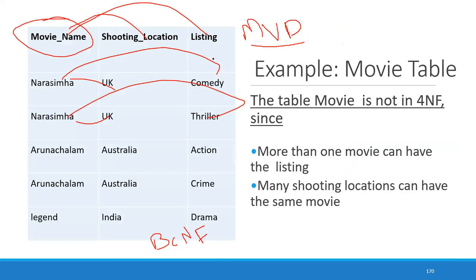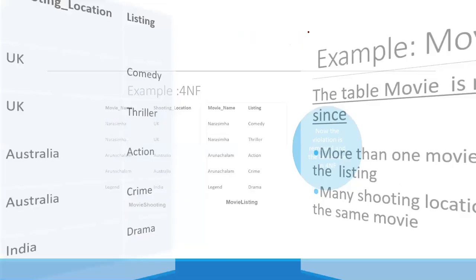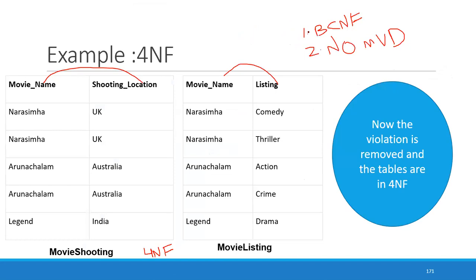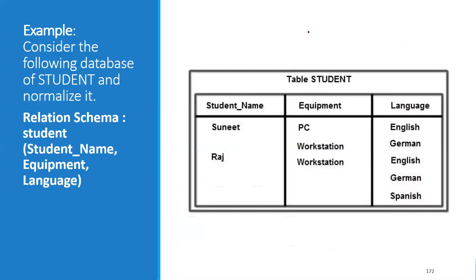But these two depend only on movie name. So here one determinant is determining two values. So this is called multi-value dependency. Now we are decomposing into smaller tables, like this. So now we are avoiding the violation of multi-value dependency. Now you can say these two relations are in fourth normal form.